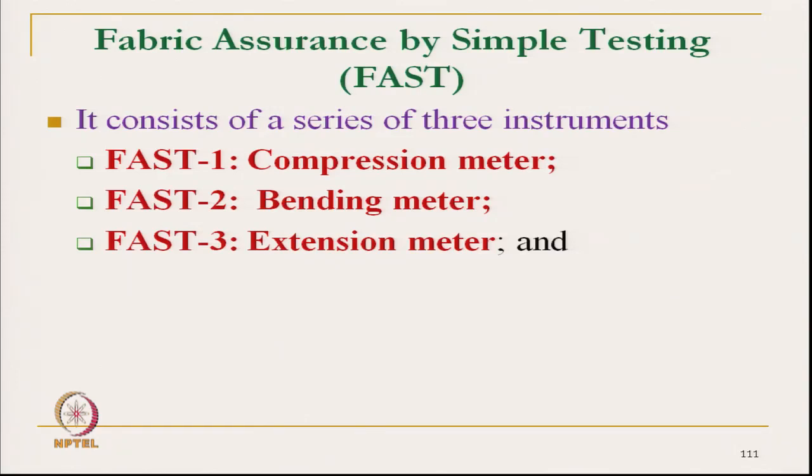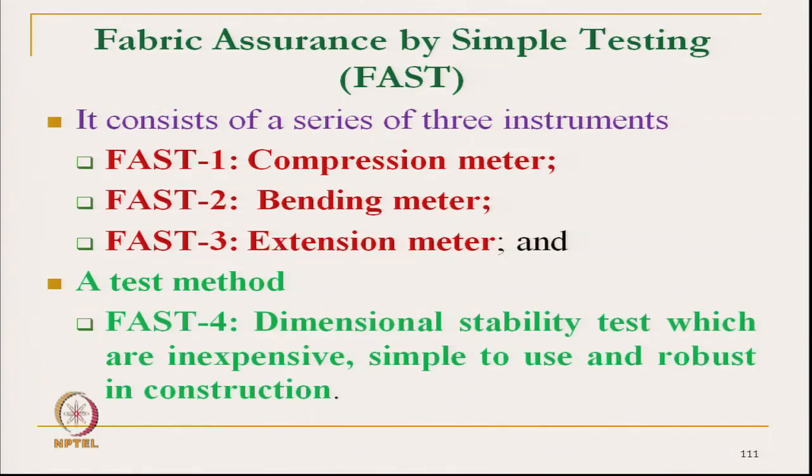In all these 3 we do not get any curve, and all these instruments work unidirectionally, only in the loading direction. We do not get any information during the unloading direction. And the fourth one is not an instrument, it is a test method. What is the test method?